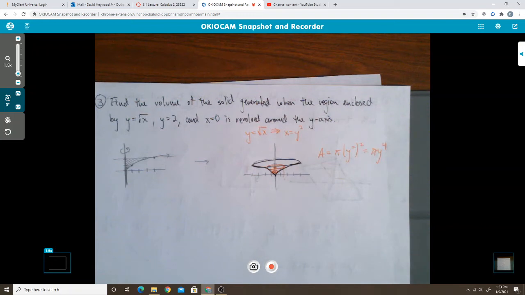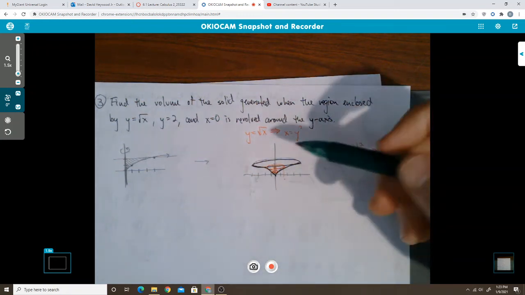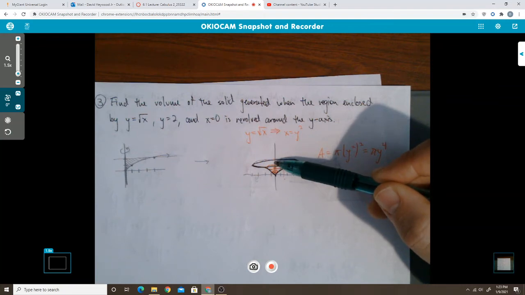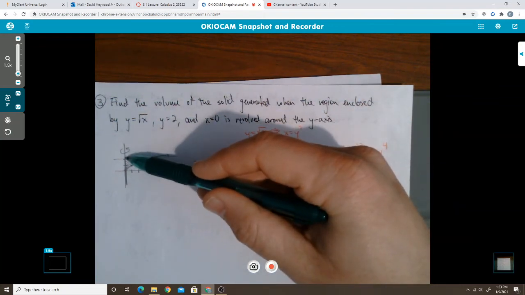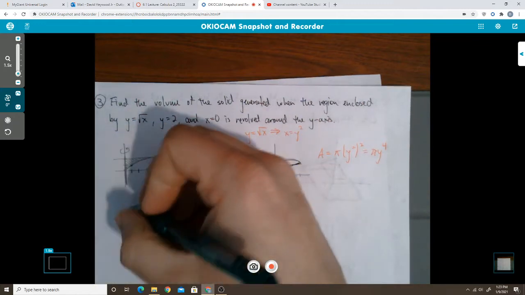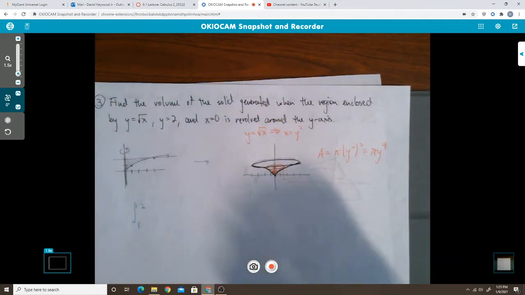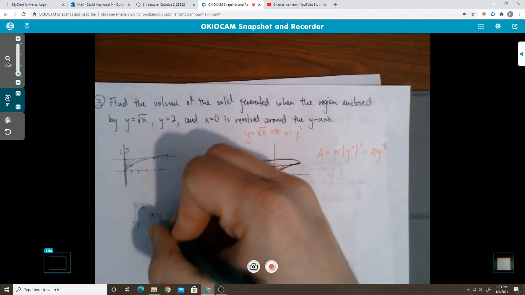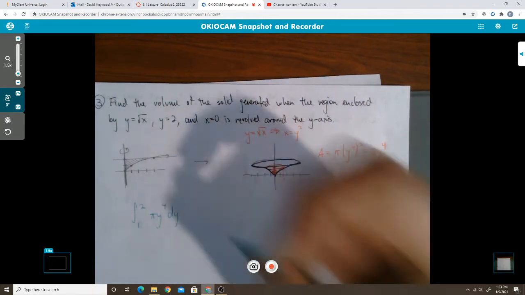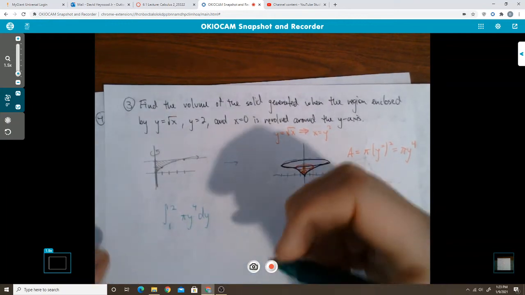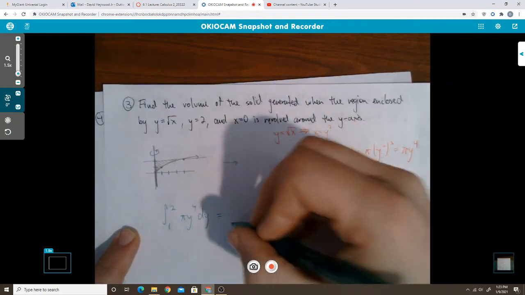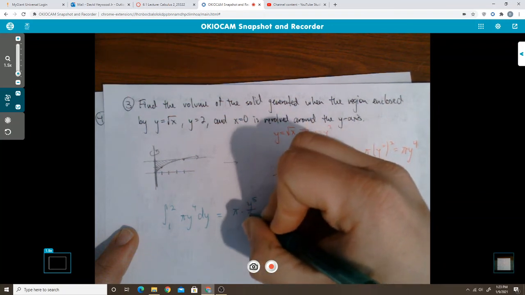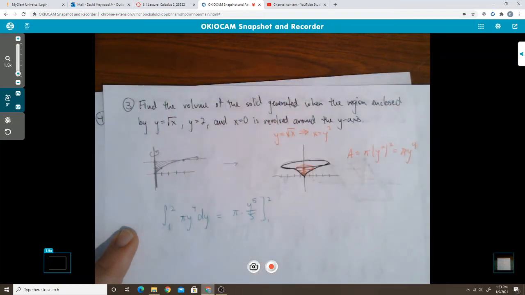And now I can find the volume pretty easily, right? The volume is going to be the integral from 1 to 2, we went from 1 to 2, of the area, pi y to the 4th dy. Okay, that's not terrible. This is going to be pi times y to the 5th over 5, evaluated from 1 to 2.